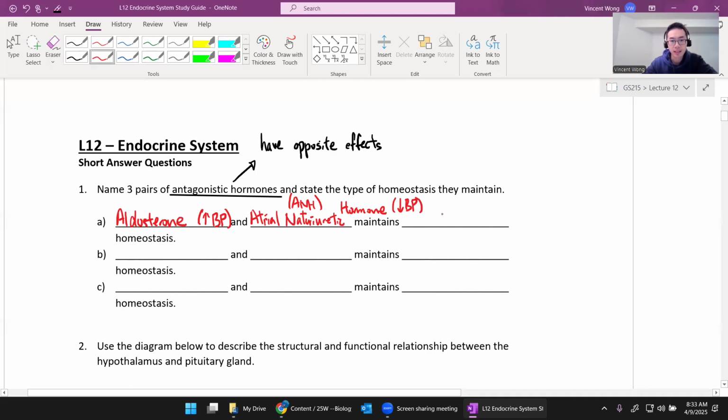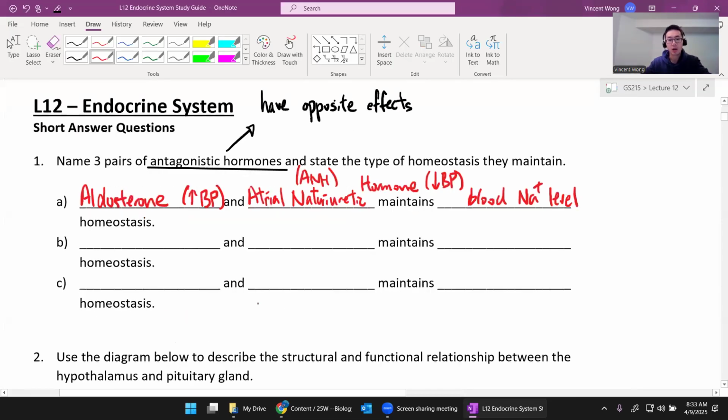Together they maintain blood pressure, but they do so by maintaining blood sodium level. Through the regulation of blood sodium level, it would increase or decrease water retention in the blood, which would then affect the blood pressure. Sorry, I think I spelled that wrong. Natriuretic hormone. So that's the first pair of antagonistic hormones.